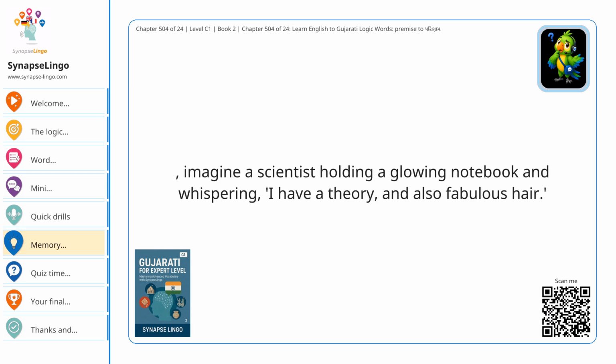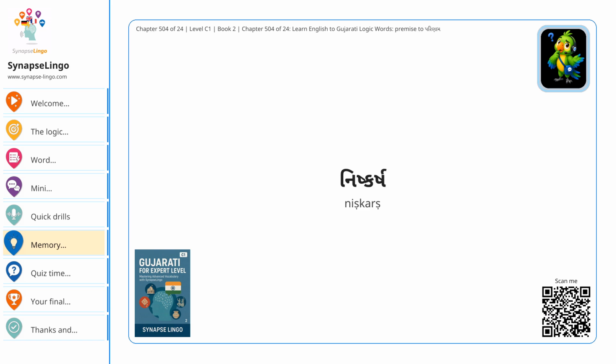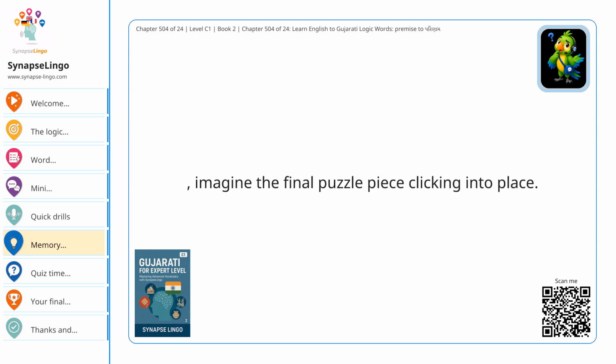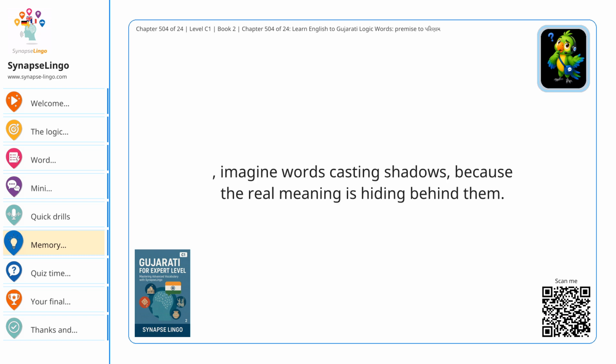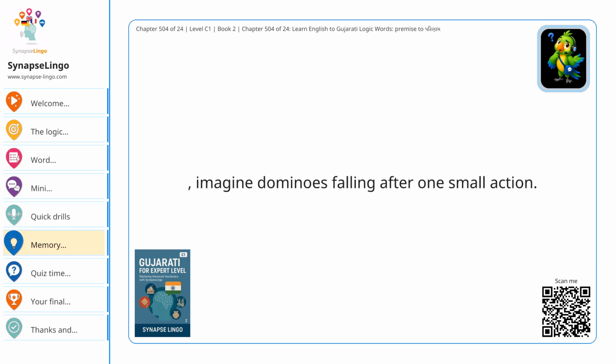Imagine a scientist holding a glowing notebook and whispering, I have a theory, and also fabulous hair. નિષ્કર્ષ. Imagine the final puzzle piece clicking into place. સૂચિતાર્થ. Imagine words casting shadows, because the real meaning is hiding behind them. પરિણામ. Imagine dominoes falling after one small action.